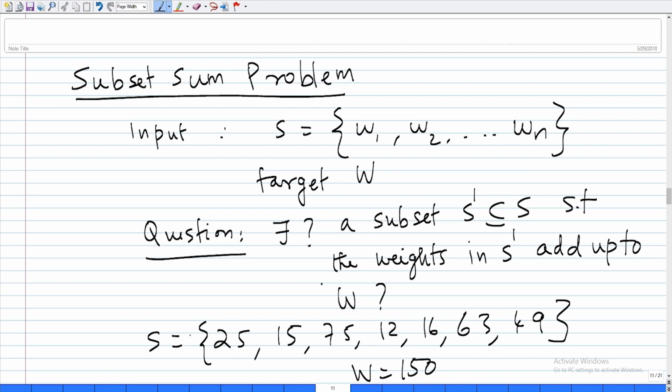If you add them all, they should add up to exactly 150. Is there some subset? 75, 12, 63 adds up to 150, right? So, now what would be an algorithm for this? Can you just tell me a brute force algorithm?